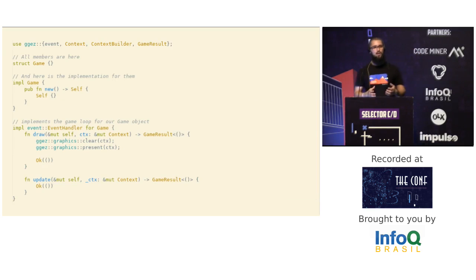And then we are building our game. We have a struct that is an empty struct, and then we are implementing the methods for this struct. This is how it works in Rust. You have a struct with all its members, and then you have an implementation of the methods for this struct. So it's separated, so you can easily see what is member and what is implementation. That's what we are doing here. And then we are implementing the event handler trait.